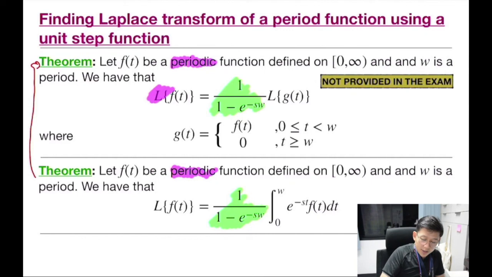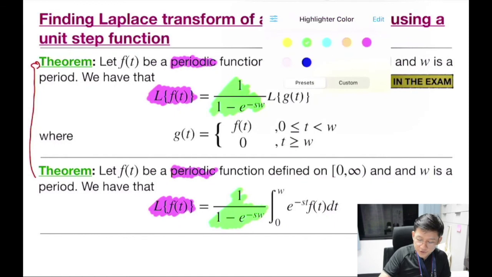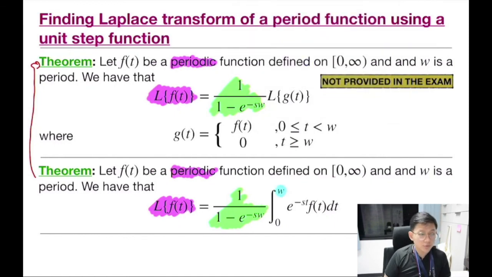So the Laplace transform of f(t) here is supposed to be the same. But down here is the integral from 0 to w of f(t). But up there is the Laplace transform of g(t).